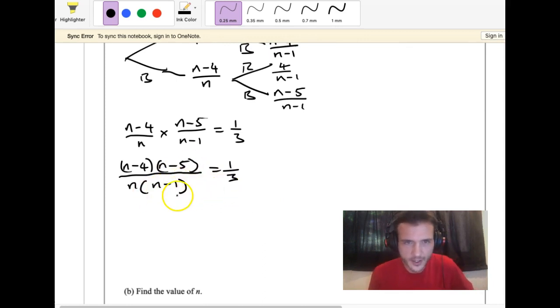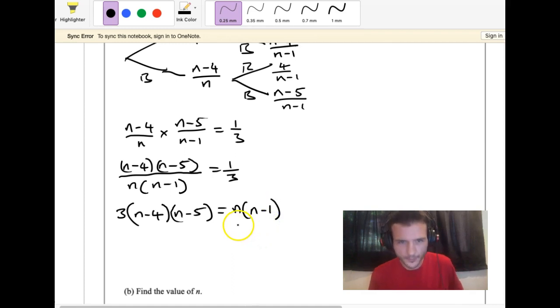To get rid of the fractions, we multiply everything by n times n minus 1 and by 3. So we will have 3 times n minus 4 times n minus 5 equals n times n minus 1.